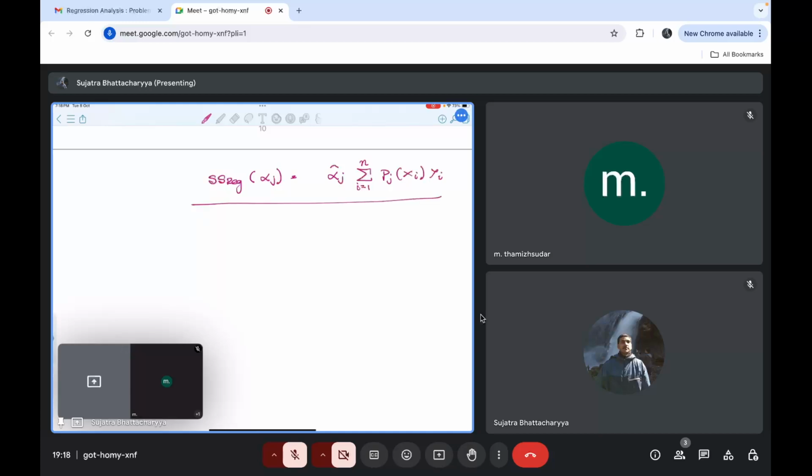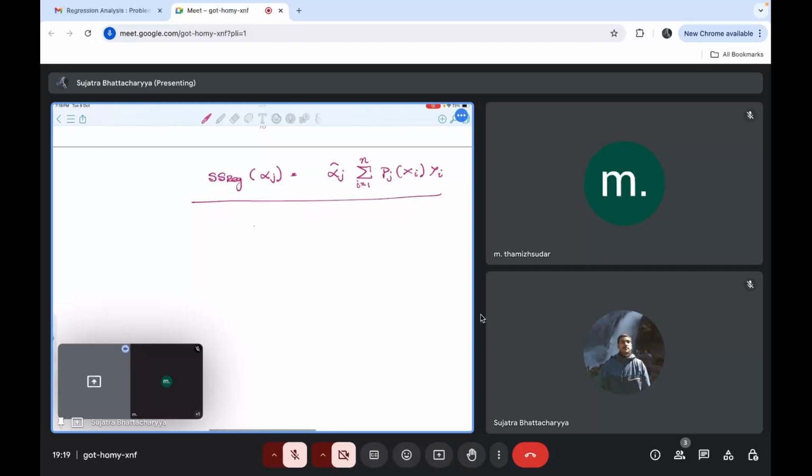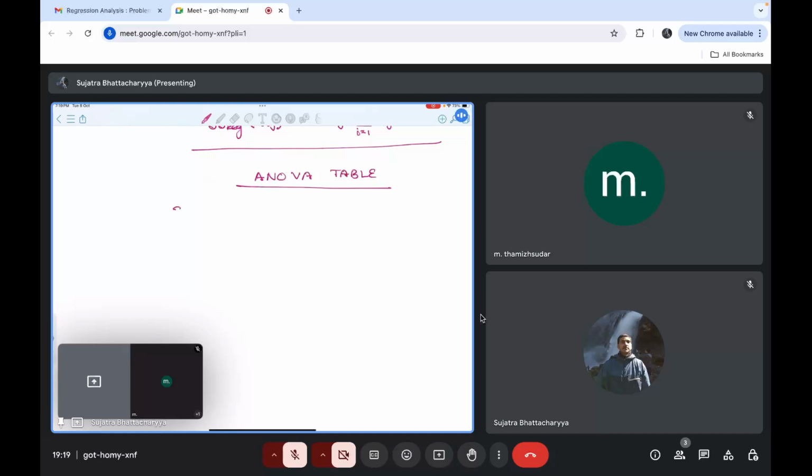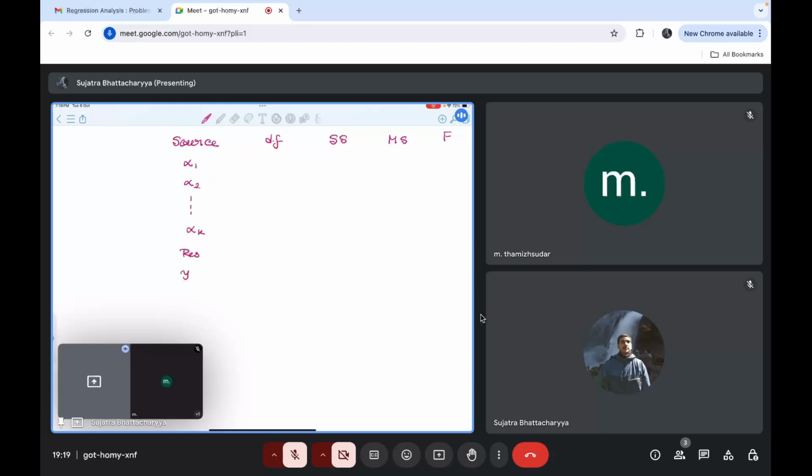That's all. So if you have to construct an ANOVA table, let me show it quickly. For the ANOVA table, you need source, degrees of freedom, SS, MS, and F. The source is all the variables alpha 1, alpha 2, and so on up to alpha k, then residual and total.